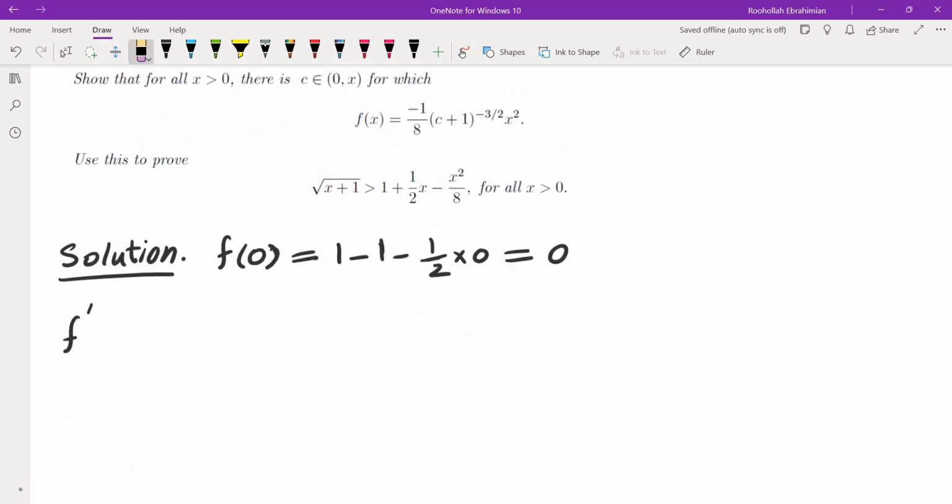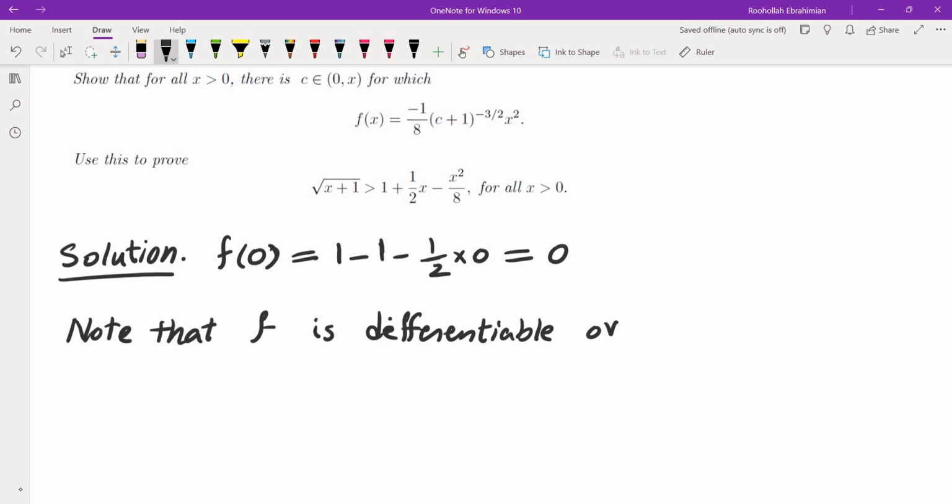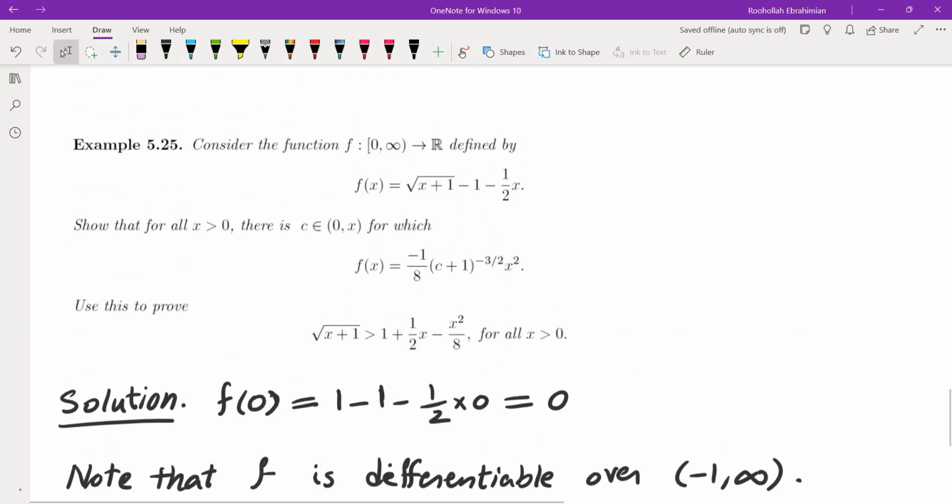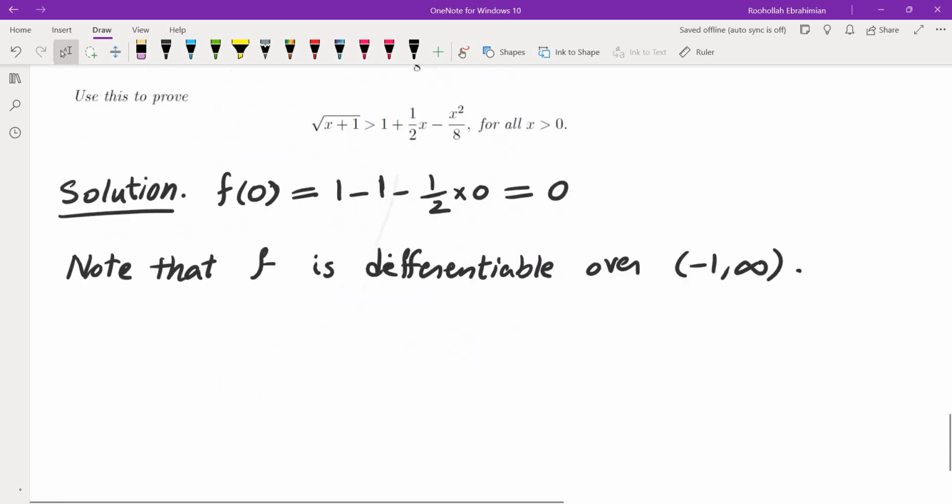Note that f is differentiable even over (negative 1, infinity), because on the open interval from negative 1 to infinity, the function is a composition of square root and a polynomial, and square root is a differentiable function.